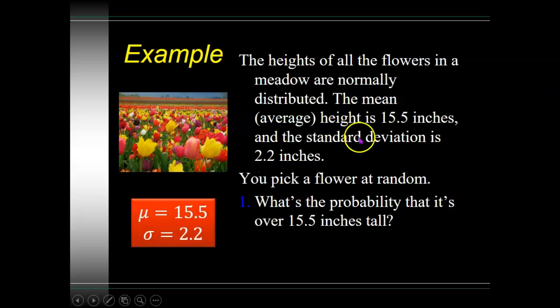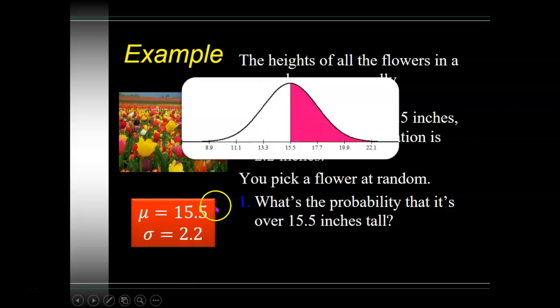So notice we're told that the mean is 15.5 inches, and the standard deviation is 2.2 inches. And when it asks what's the probability that the flower you pick is over 15.5 inches tall, that's just asking what's the probability that it's above average.